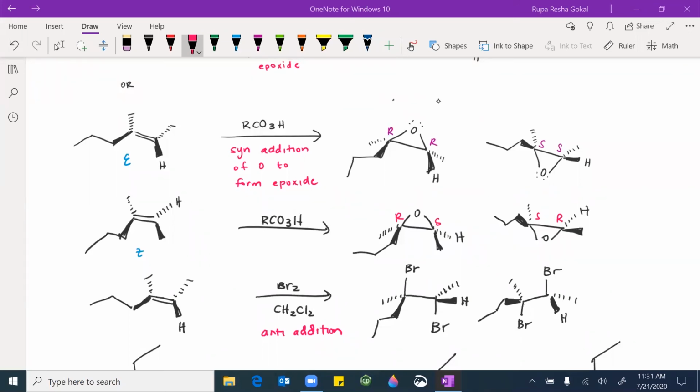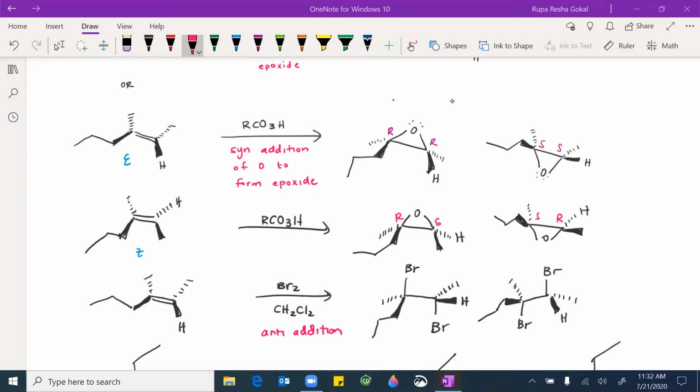Hello, Dr. Gokul. I have a question on the screen right now. Epoxidation is a syn addition, but for Br2, can you explain again why it is an anti-addition? Because the way the mechanism works is that the Br attaches to both carbons as a bridge, and then that bridge gets opened up by the other Br.